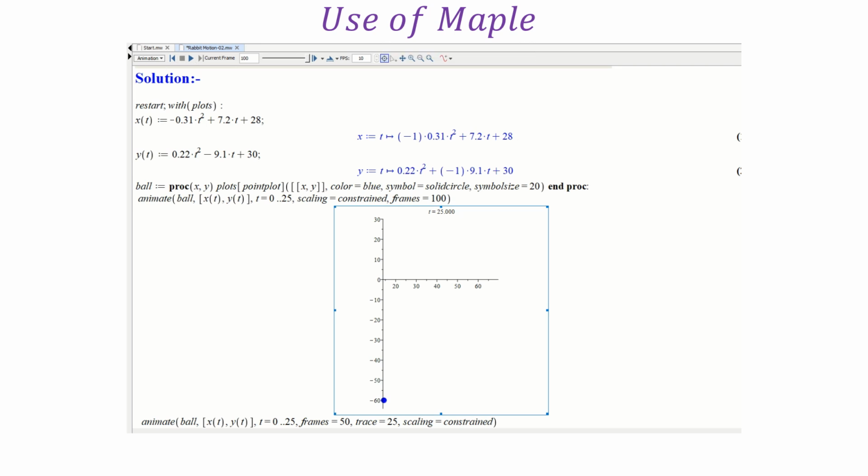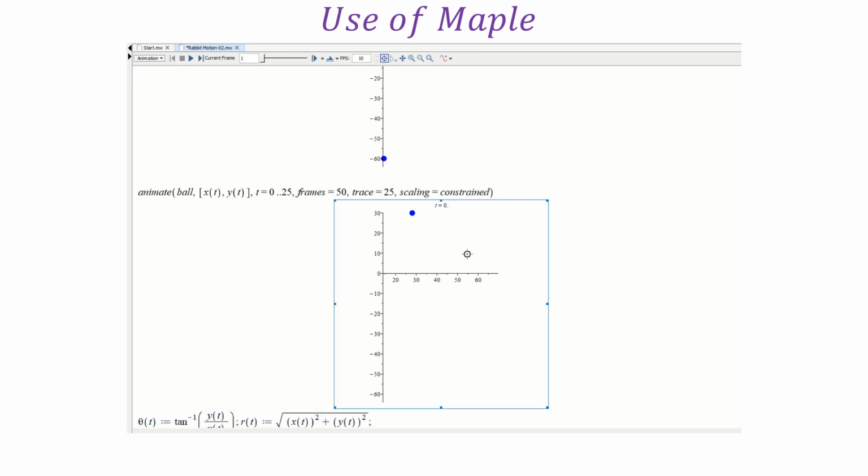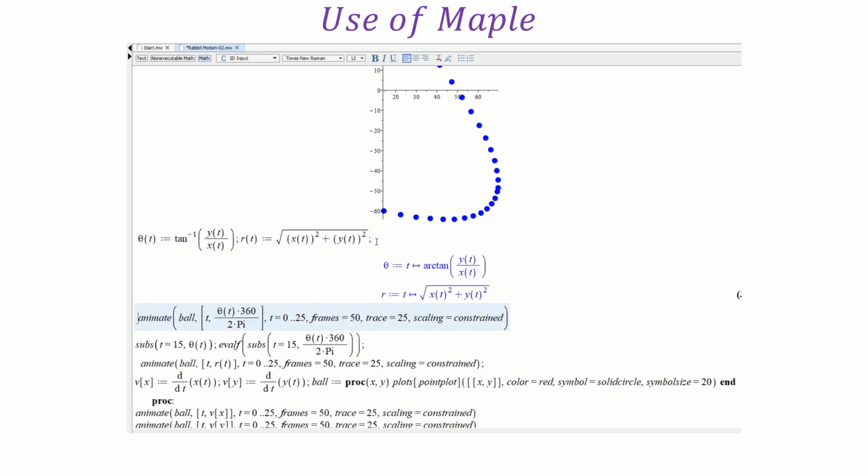Now to trace the position, I am using another animation command so that I'll be able to locate the position of the rabbit. Then the next objective is finding theta, which is a parametric function of time, and the position, that is the radius vector, which is under root of x of t square plus y of t square. So obviously r will be a parametric function of time.